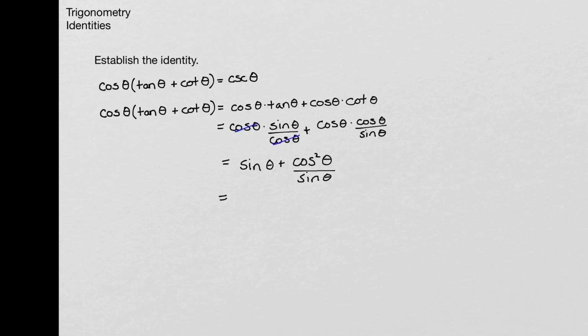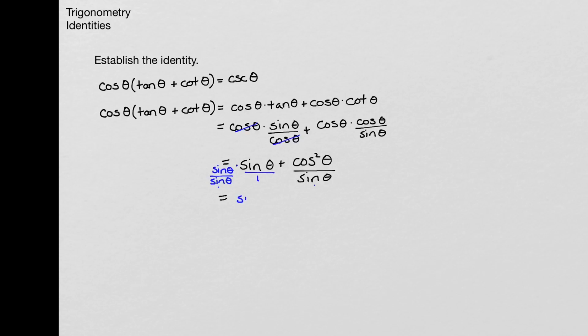So what I'm doing now is I'm multiplying the first term, sine theta, by sine theta over sine theta, kind of squeezing it in there, and this is over 1. So this way I'll have a common denominator of sine theta.